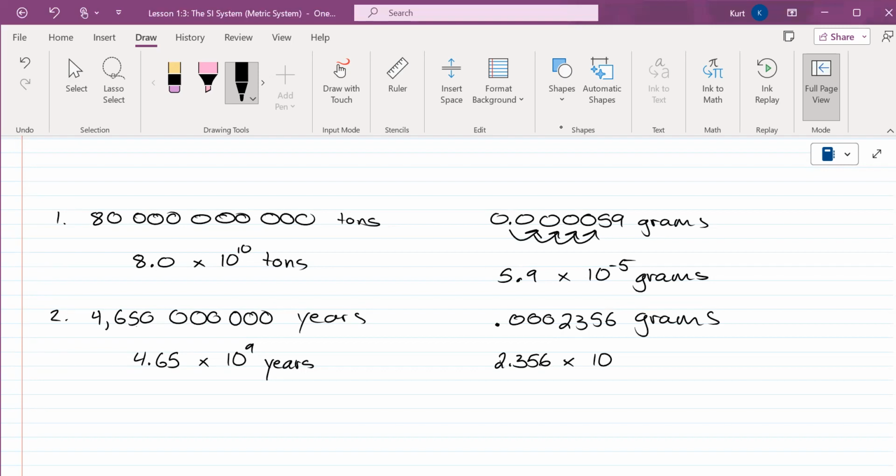No, you have to have an exponent. Negative 4. Let's double check that. 1, 2, 3, 4. That checks out. And then why did you choose negative? You're going to the right. And then you also said grams. Good job.